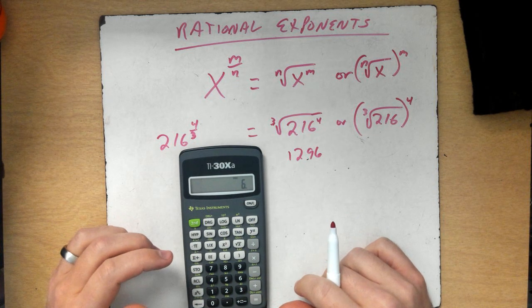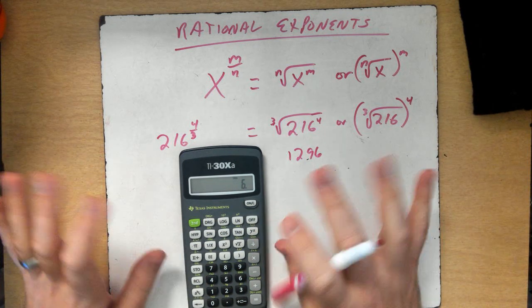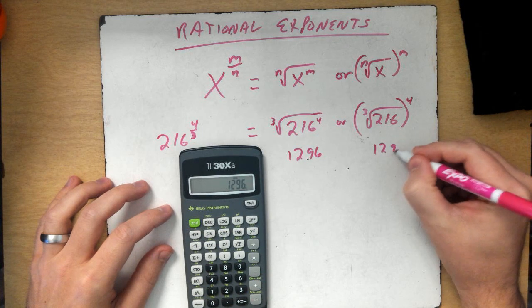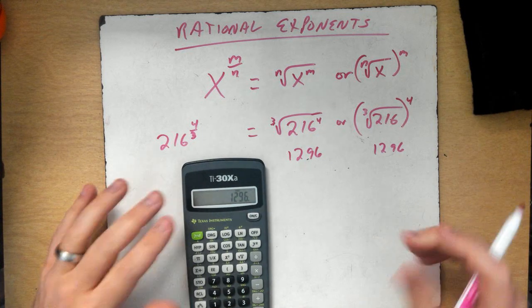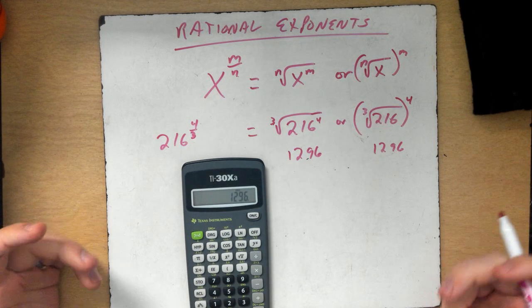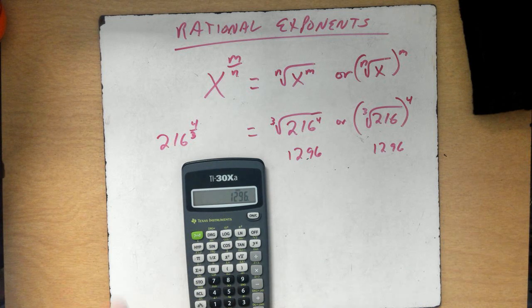Cool. And then to the 4th power. So now we hit our y-x button, no green, to the 4th power, and that gives me 1296. So however you want to do it, this way or this way, it doesn't matter. You're going to get the same answer. Whichever you feel more comfortable doing, go ahead and do that.